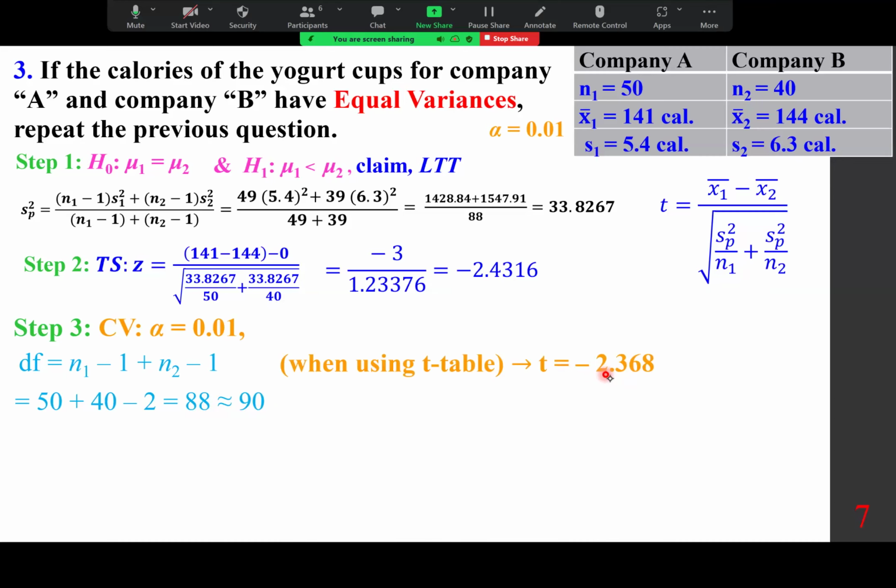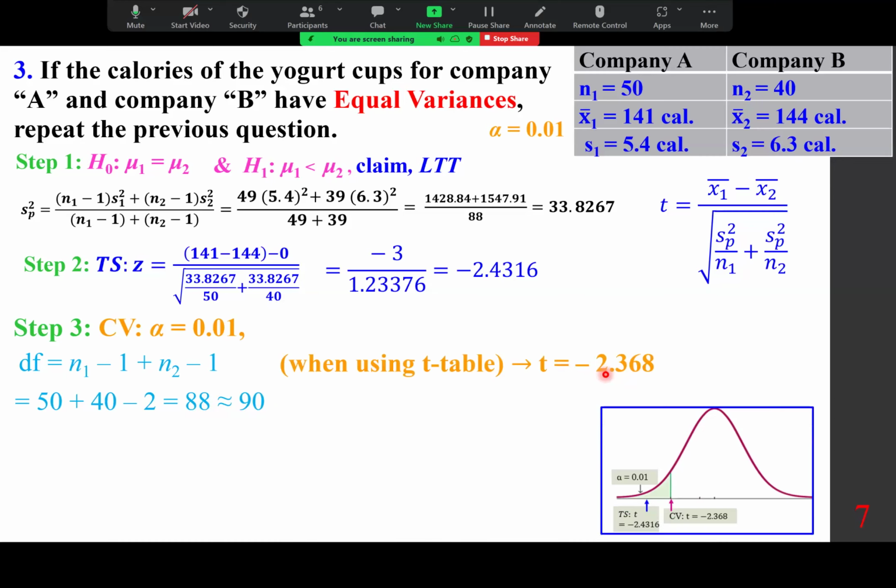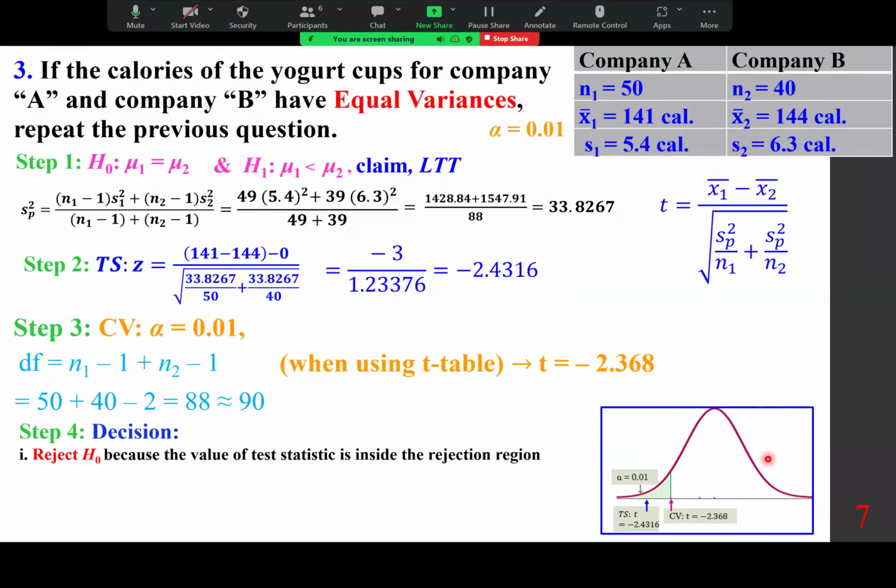Let's go with the graph to help us make a decision. Here's the t-test. Here's the critical value, t equals -2.368 and alpha of 0.01. Test statistic is -2.4316, is smaller than that. It's way into the rejection region. I hope you can see that clearly. So clearly reject H0 because the value of the test statistic is inside the rejection region.